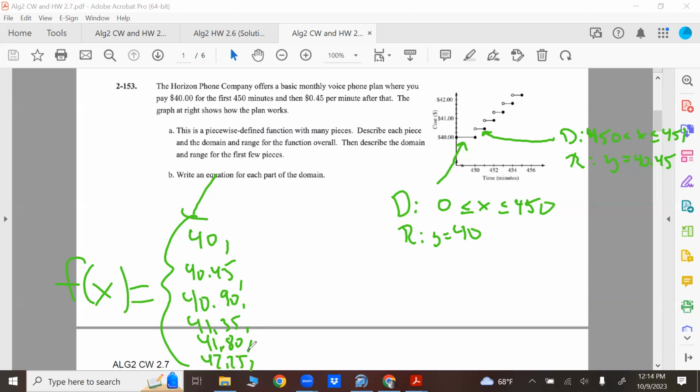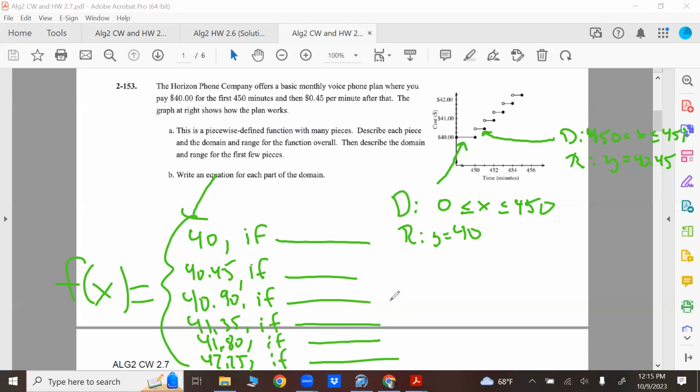Then you got to write these conditions. I'll just put if and then a blank. If blank, if blank, if blank, if blank, if blank. Clearly, the first one is when it's between 0 and 450.